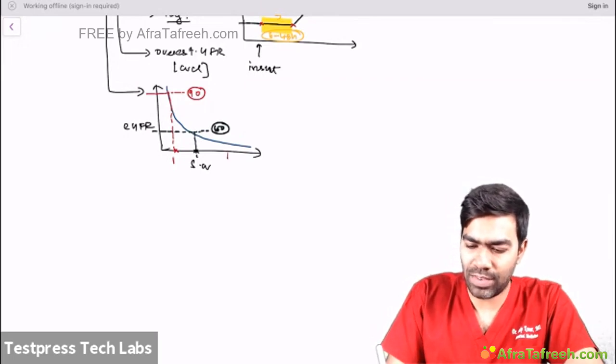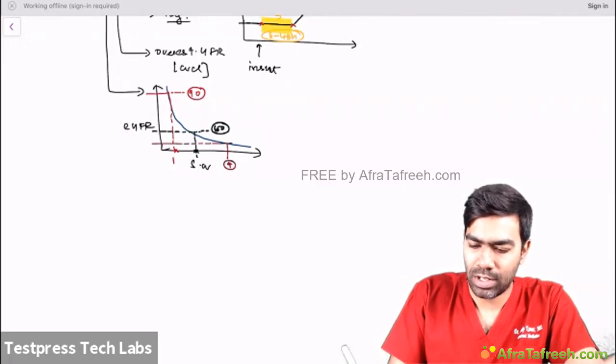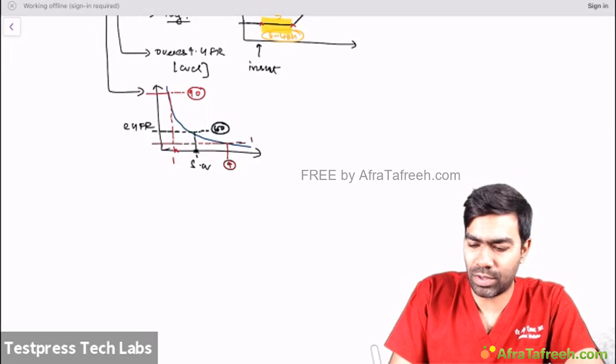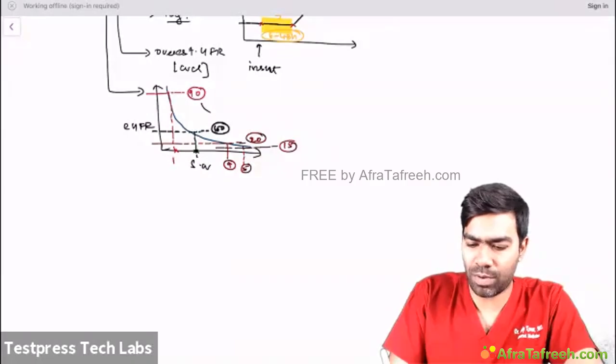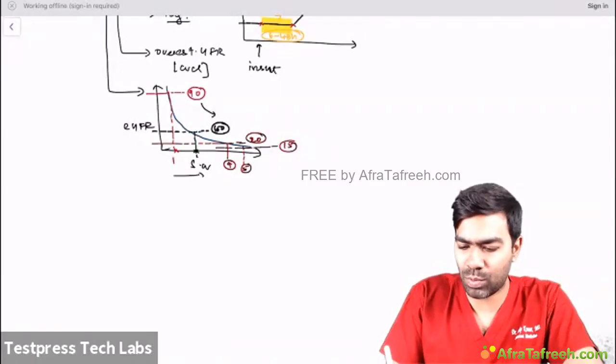Suppose you have a creatinine of 4 maybe, you can see the GFR is only maybe 20 in this setting. But if you take a creatinine of 5, GFR will be just 15 or 14, which means you see the drop from 90 to 50 when the creatinine goes from 1 to 2.